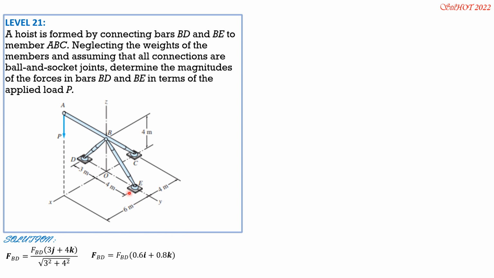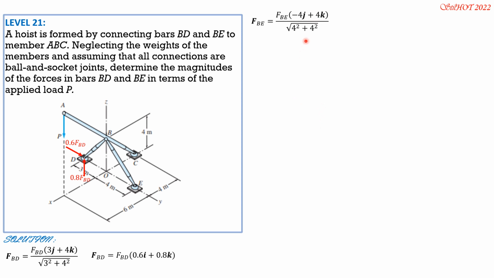Likewise, FBE is negative 4J plus 4K over square root of 4 square plus 4 square. So FBE is equal to magnitude of FBE, quantity negative 4J plus 4K over square root of 4 square plus 4 square.